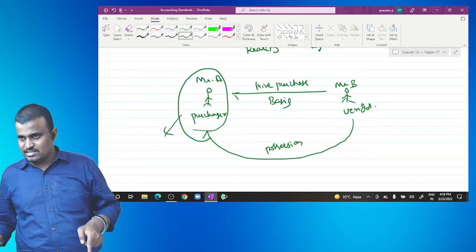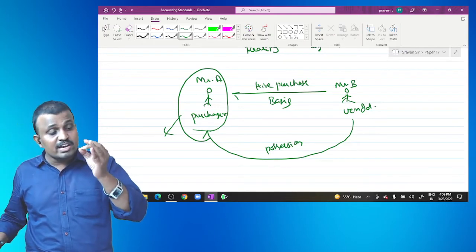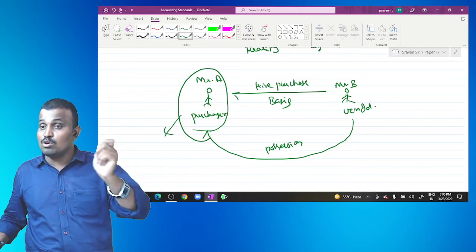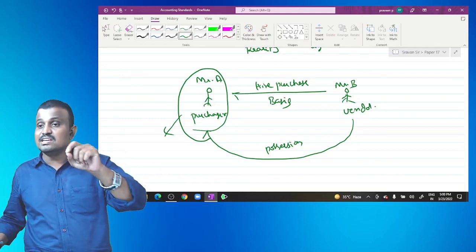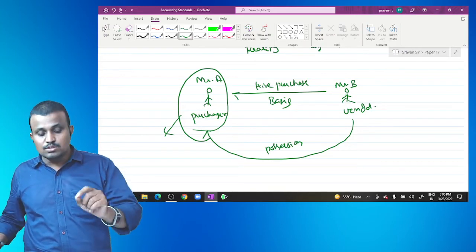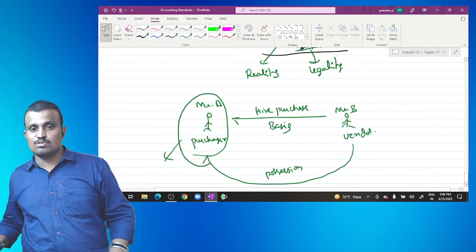So the reality of the transaction has more priority than the legal formality. That is called substance over the form.